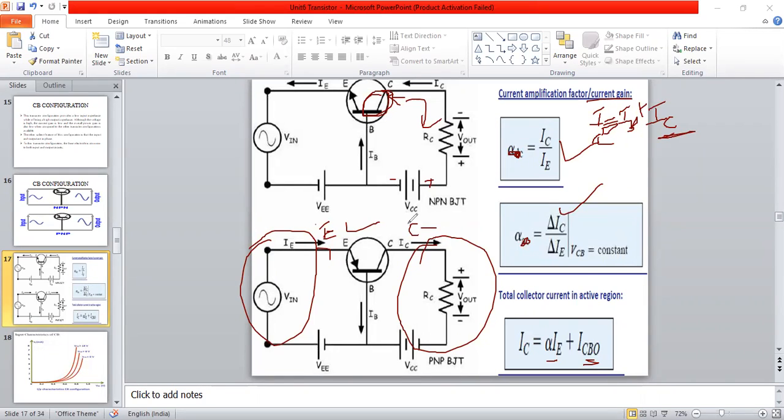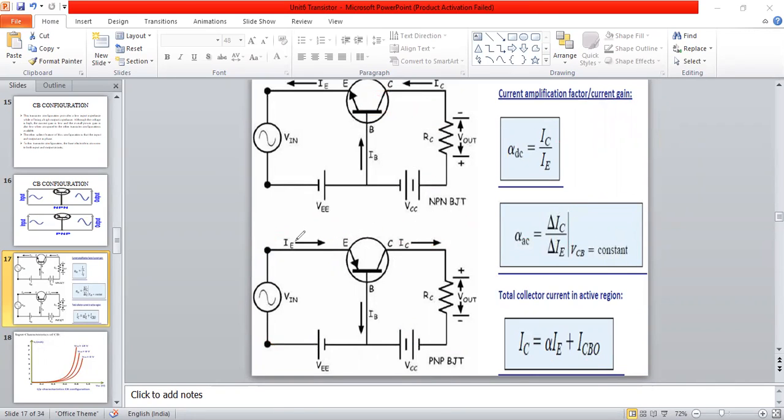So the collector current IC is a part of the emitter current, the part of the emitter current that reaches the collector terminal. According to this, IC equal to alpha IE, and because of the supply across VBC, there is some leakage current ICB naught.